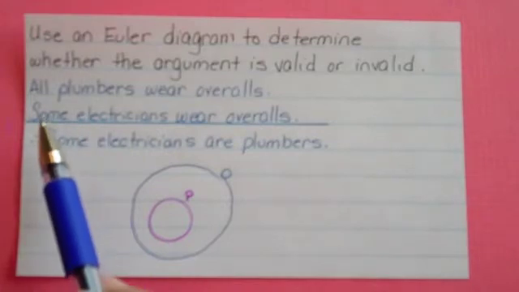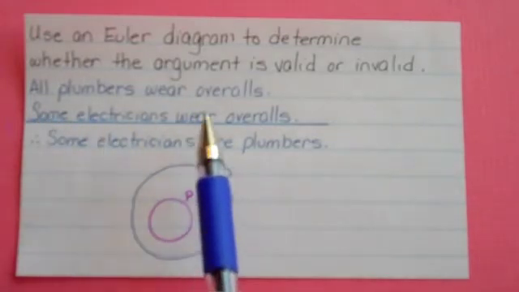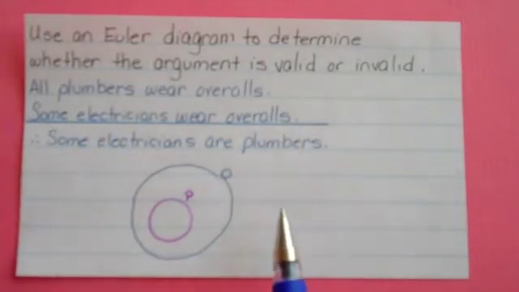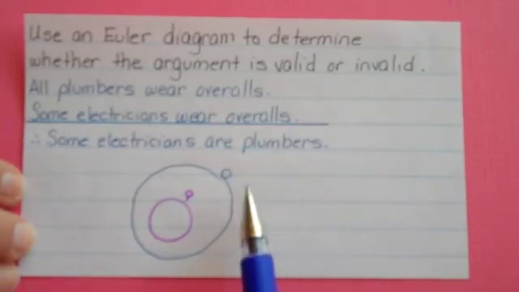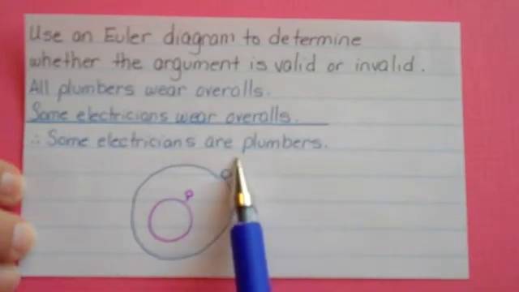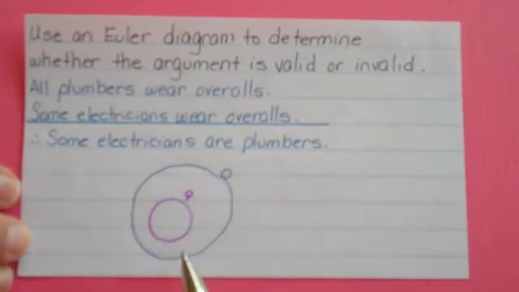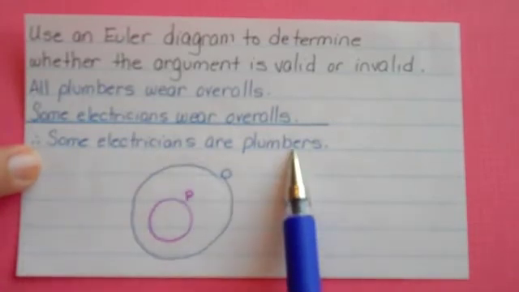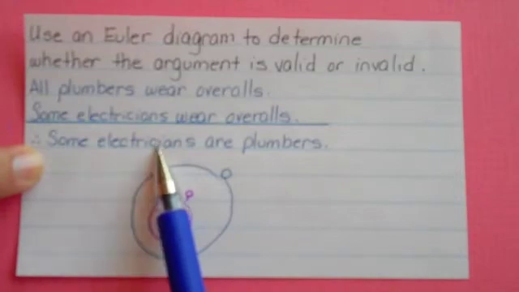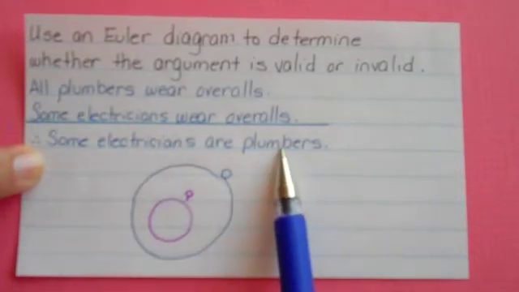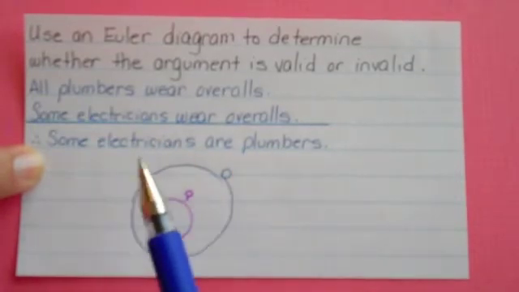So when I go to draw some electricians wear overalls, I could draw my circle overlapping overalls and also overlapping plumbers. But remember, I'm trying to disprove that some electricians are plumbers. So I'm going to try to draw the circle that has electricians separate from plumbers, because I want to disprove this.